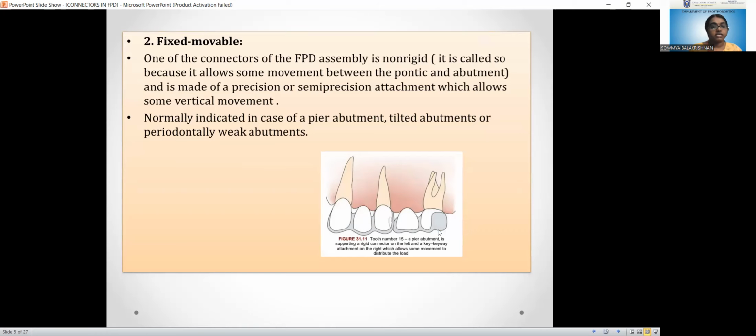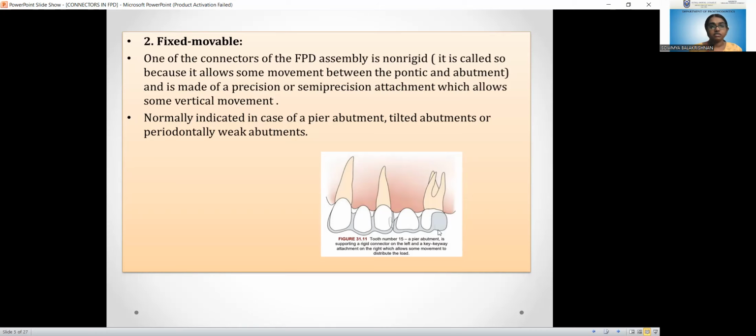So what is the indication of this type of connector? When you plan an FPD for a pier abutment, or a tilted abutment, or a periodontally weak abutment. In the case of a tilted abutment, it is difficult to get a path of placement because the abutments are not parallel.